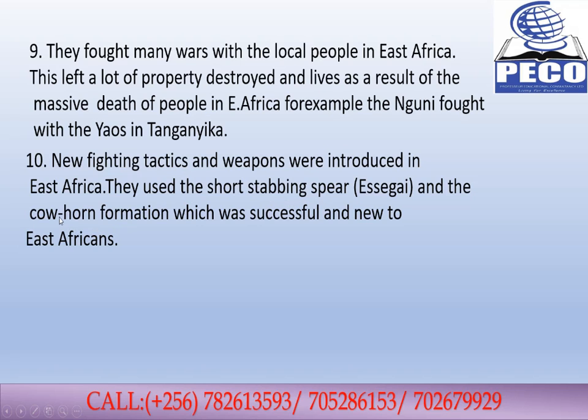That was a new tactic of fighting known among the Zulu in southern Africa. But with the migration of the Ngoni, okay, they moved along with such tactics and weapons that were destructive in East Africa.